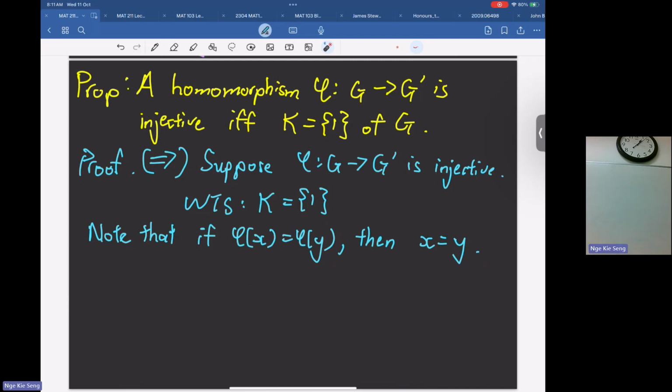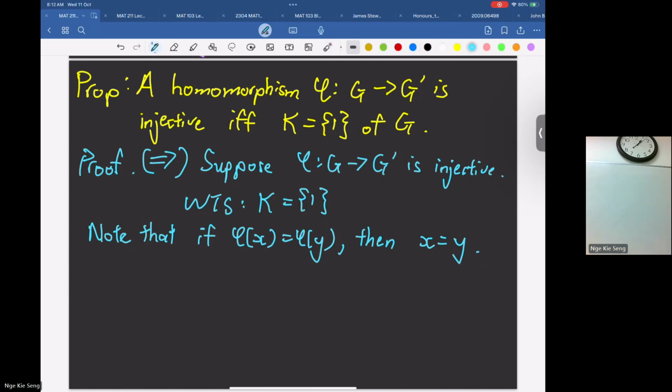What's the thing in a group homomorphism that gets sent to identity? Yes, the kernel. But what's the obvious thing that has to be sent to identity? If you have a group homomorphism, what must get sent to identity? Yes, the identity.